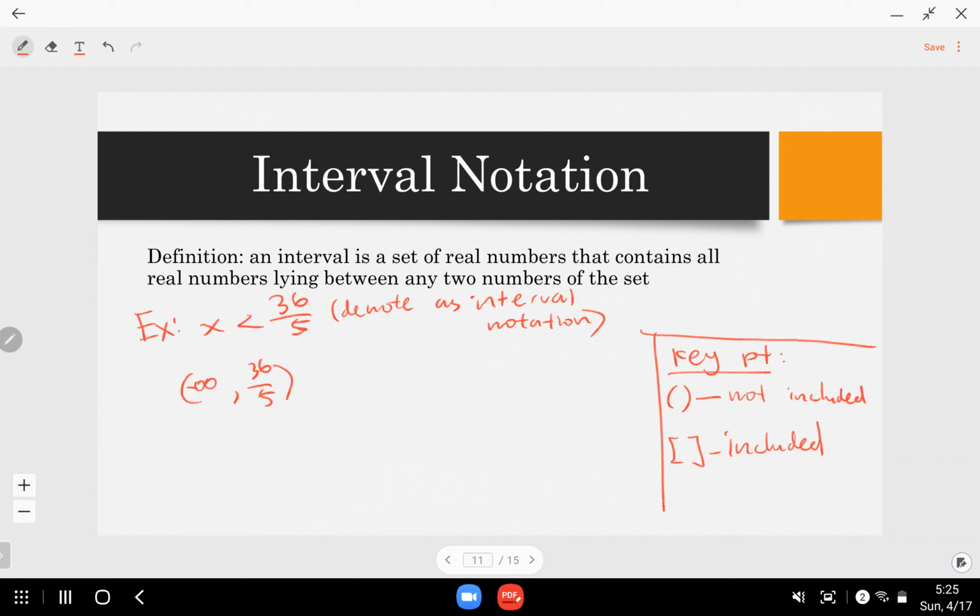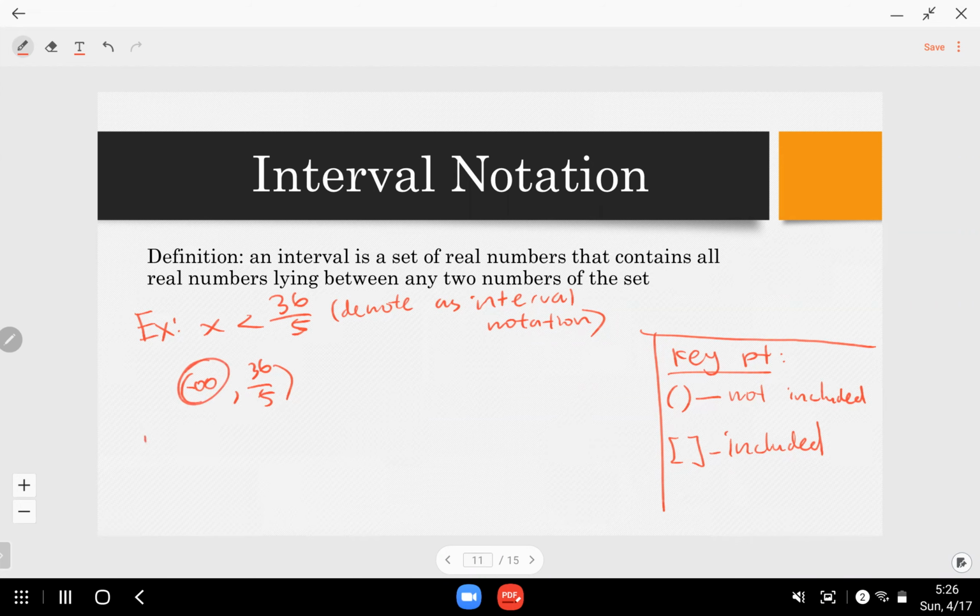It can be anything less than 36 over 5, so it can go to negative infinity. If x was greater than 36 over 5, then it could go to positive infinity. And since the first number listed is the smaller number and the bigger number is second, 36 over 5 is the second number listed, and negative infinity is the first.